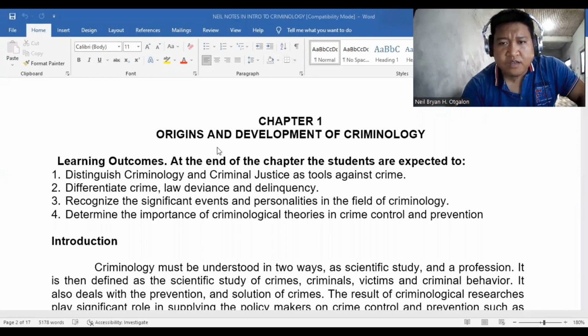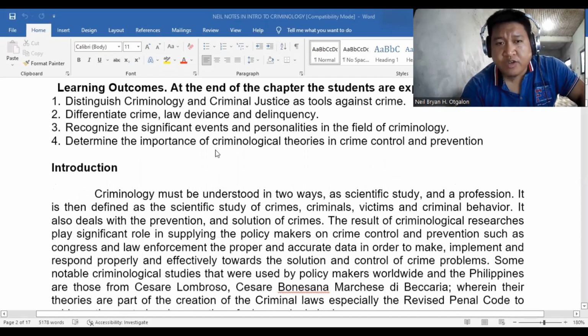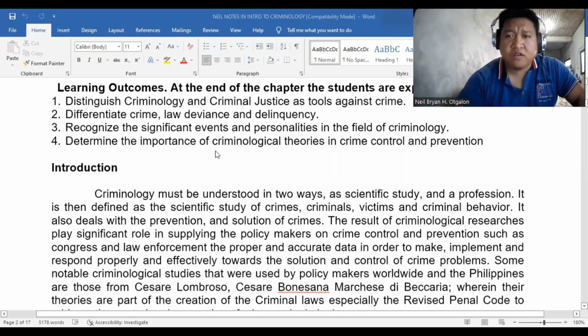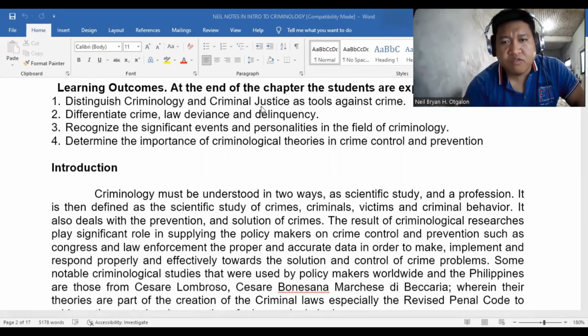As we discussed last time in chapter 1 on the origins and development of criminology, at the end of this chapter the students are expected to distinguish criminology and criminal justice as tools against crime. We already discussed the difference.